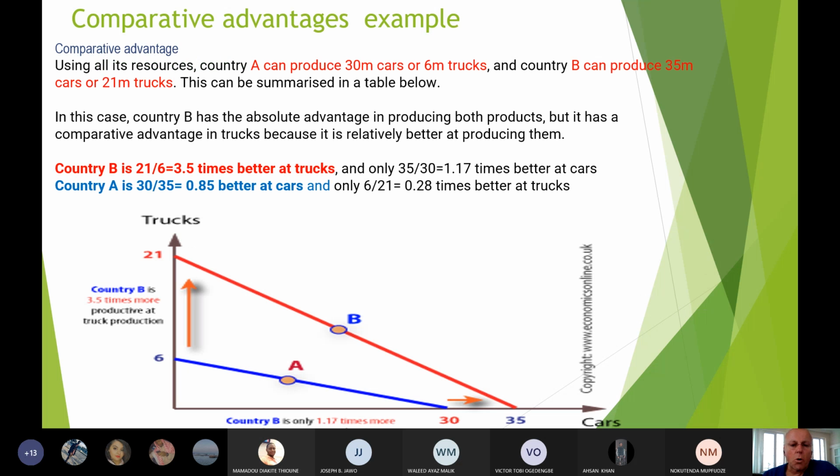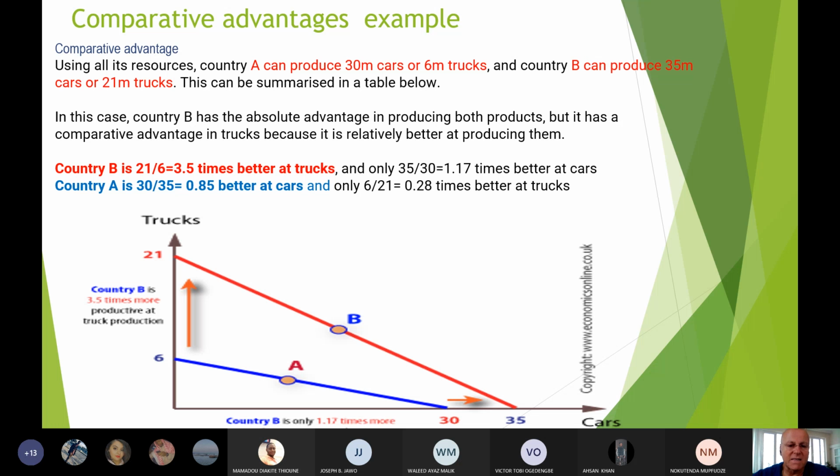And when we look at this comparative advantage example, which brings a little bit more understanding, using all resources, country A can produce, let's say, 30 million cars or 6 million trucks, and country B can produce 35 million cars and 21 million trucks.